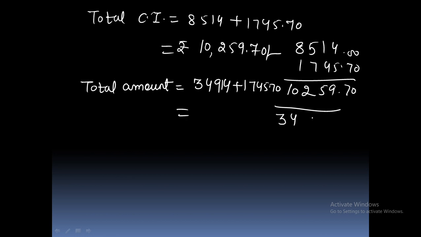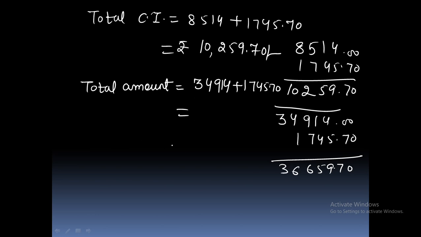When we add 34,914 and 1,745.70, then we will get the answer 36,659.70, which is your total amount to be paid by Kamla at the end of the time.